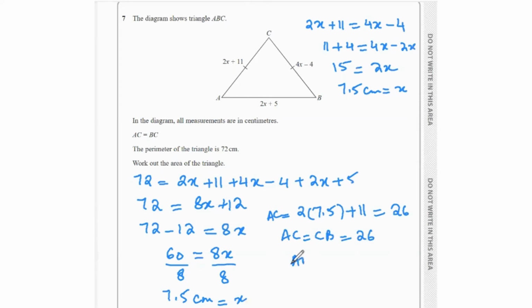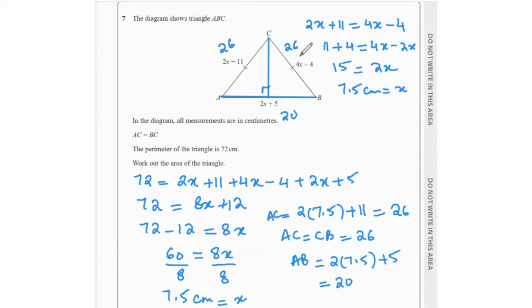And for AB, that's 2 times 7.5 plus 5, which is 15 plus 5, that's 20. So area is half times base times height. This is your base. This is the height. We don't have the value of the height, so we need to calculate that. We know this is 26. We know this is 20, and this is also 26.